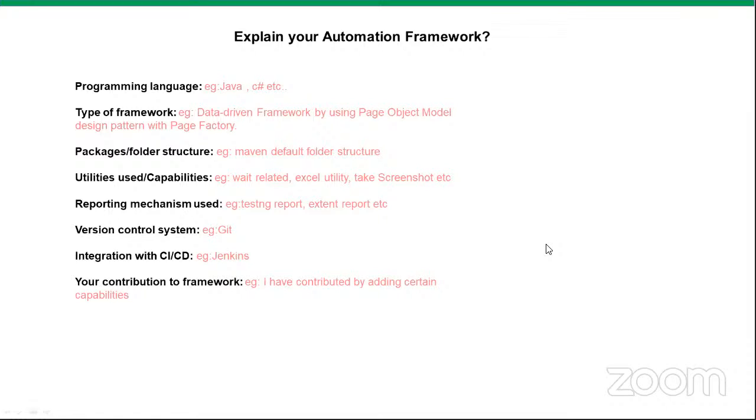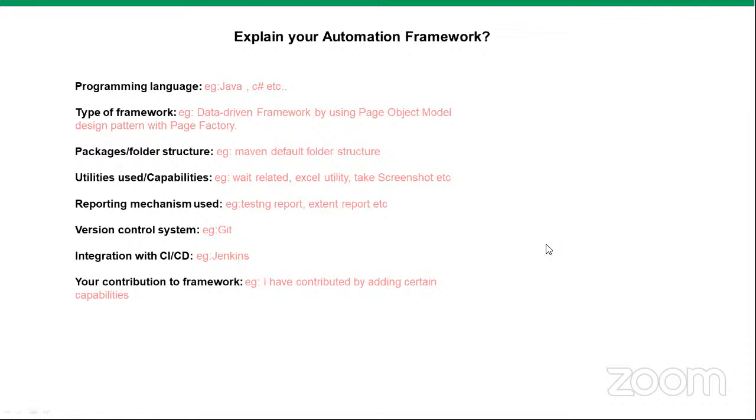Then you can talk about the capabilities of the framework. If you have any particular utilities that are used in the framework, you can talk about that. If there is any utility created to interact with Excel, you can mention the utilities.